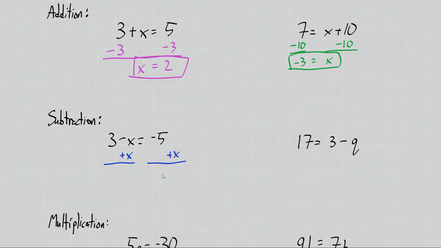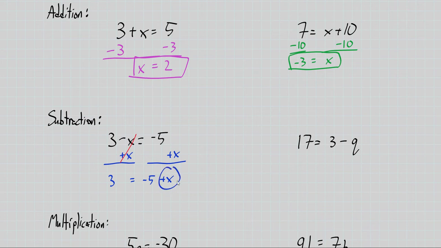That feels a little bit weird, because why would I be dealing with x? But if we look at what happens over here, negative x and x cancel out, that's 0. And now what I'm left with is 3 on the left and negative 5 plus x on the right. No less complex than it was a minute ago, but my x is positive, which is a good sign.